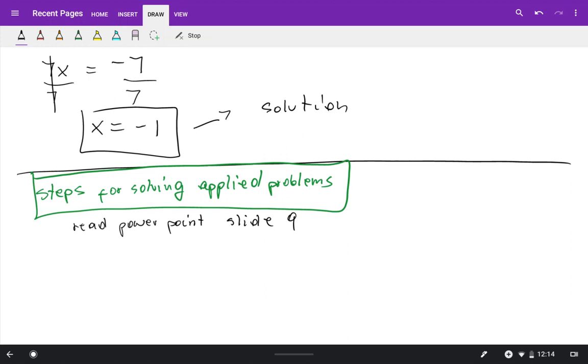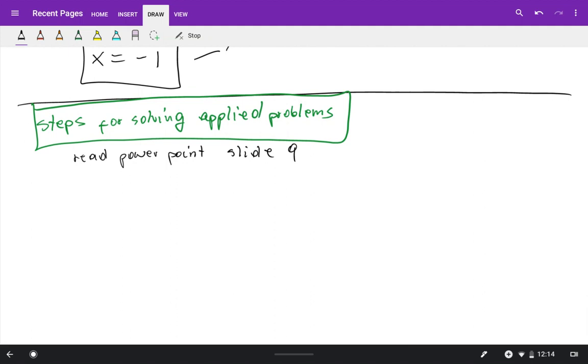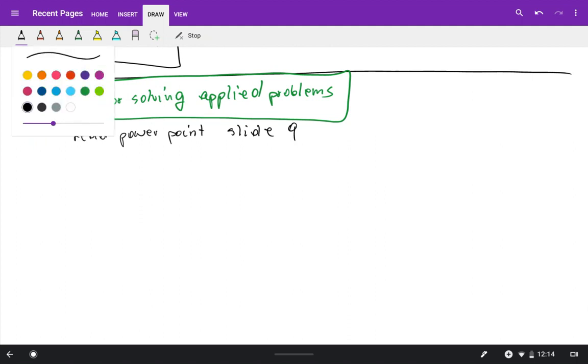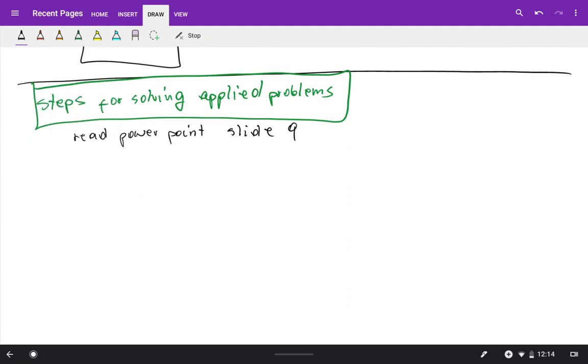So I'm going to solve a problem from your textbook. I know you have the e-version of the textbook, but this is from page 91, number 83.